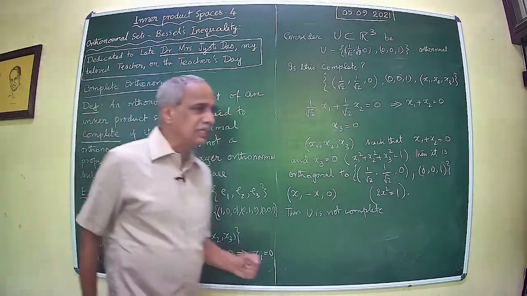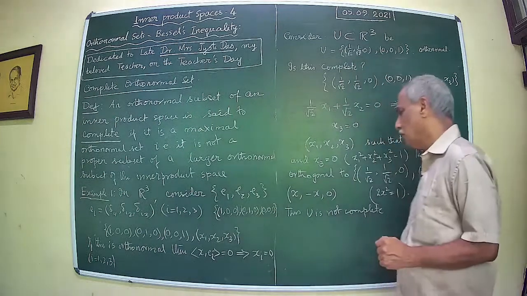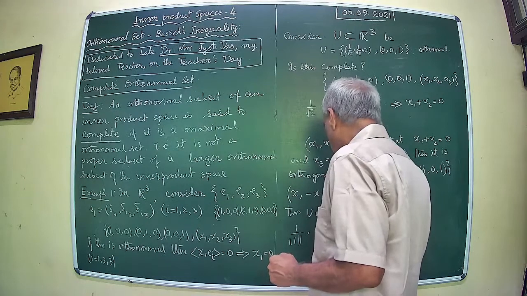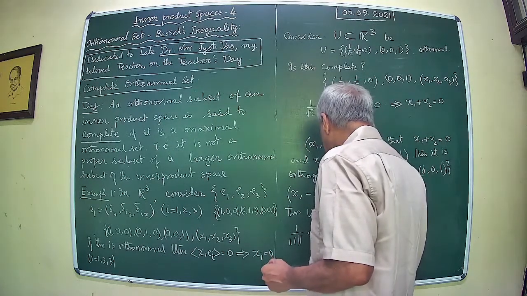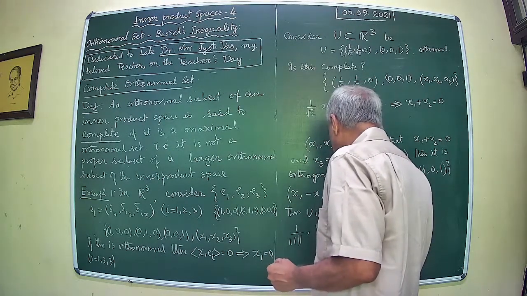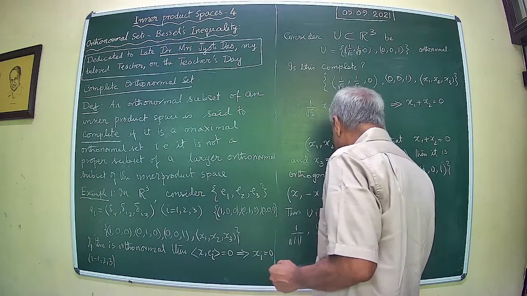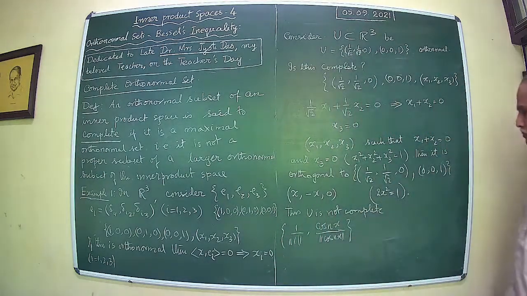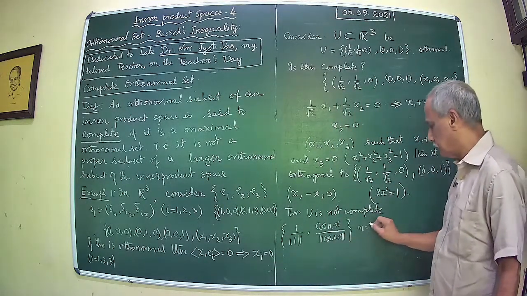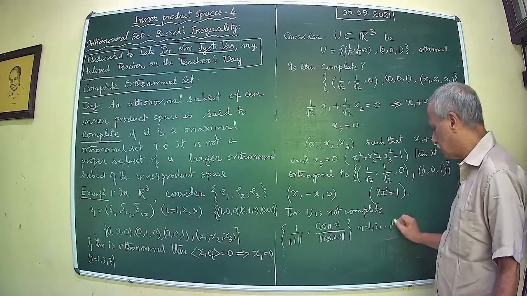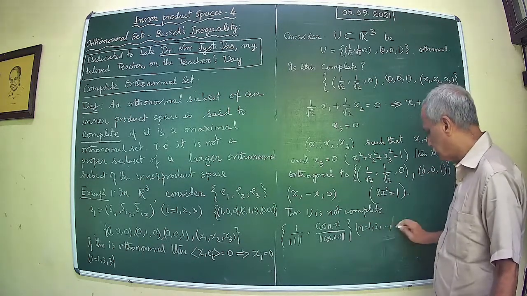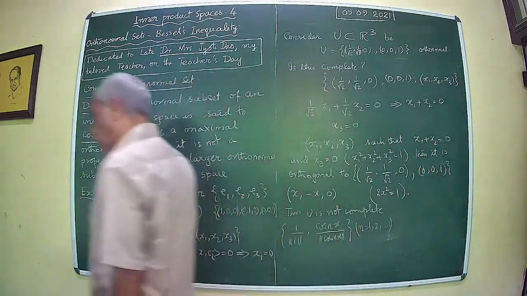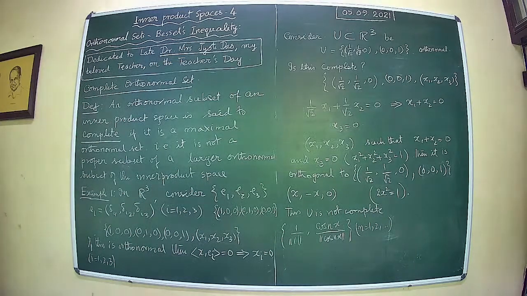But certainly if you just consider 1 by norm of 1, cos nx divided by its norm, this subcollection, it's an infinite collection though. It's a proper subcollection of the collection that we have looked at.